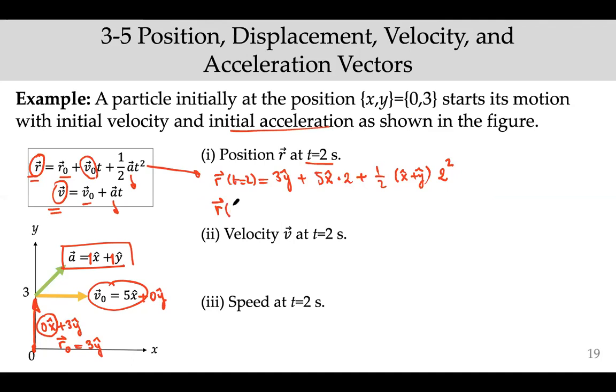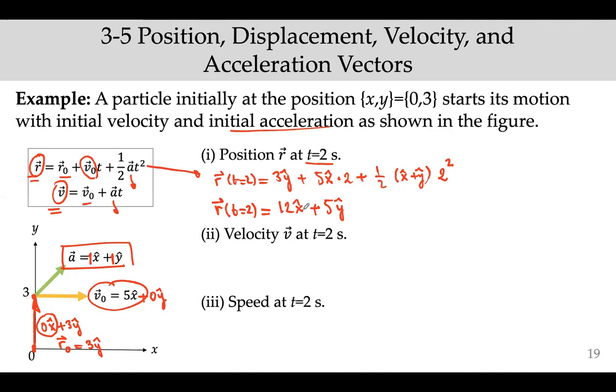So the vector r, which is the position. Let's see what is x. I have 10 x from here, and I have 2 x hat from here, so 12 x hat, plus, what about y? From here I have 2 y, from here I have 3 y, so it's going to be 5 y hat. So that's the position. Now, where is this position? Initially it was here.